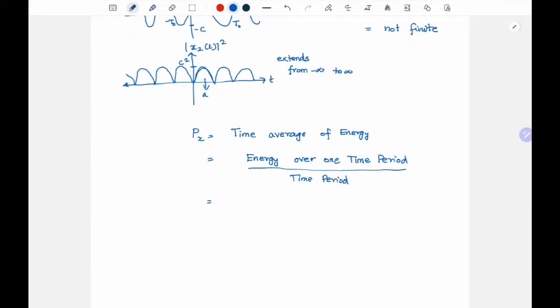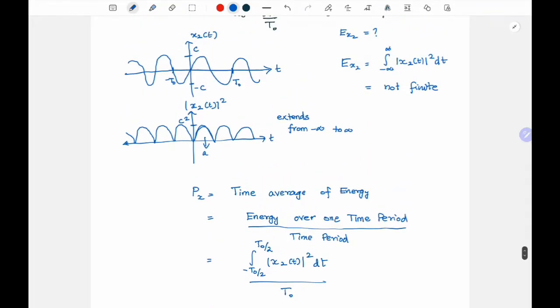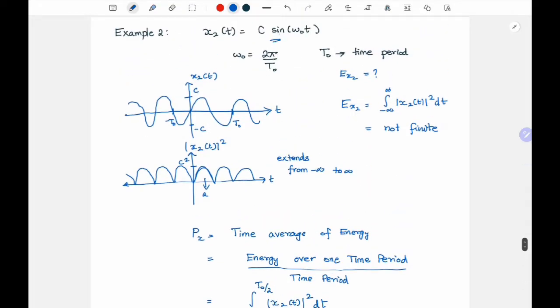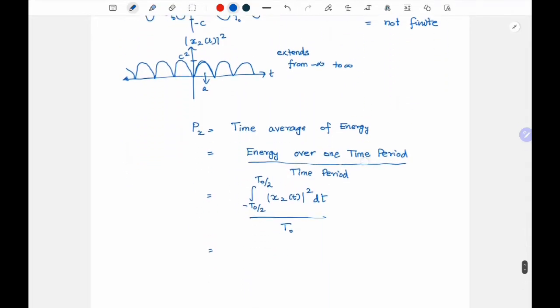So what is energy over one time period? It will be the integral from minus t naught by 2 to t naught by 2 of x2 of t whole square dt, divided by t naught itself. And what is x2 of t? x2 of t is here, c sine omega naught t.